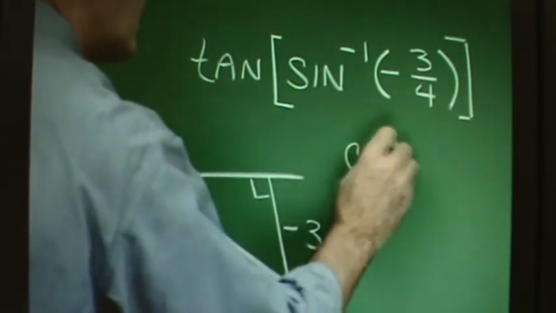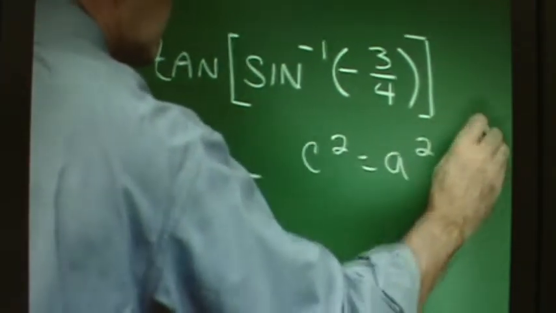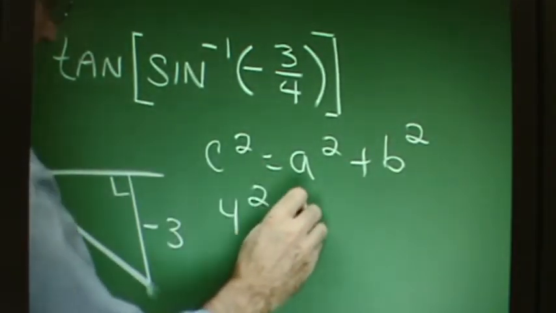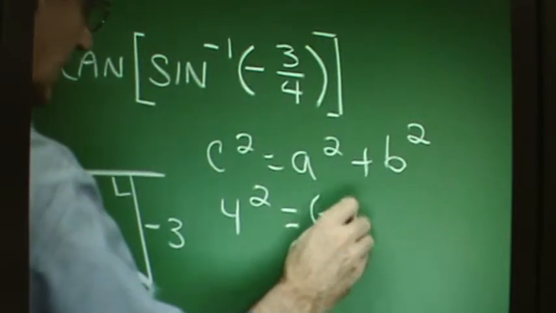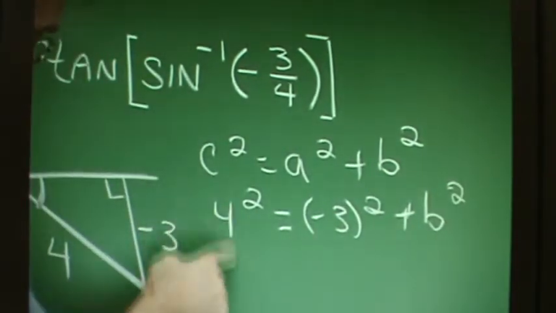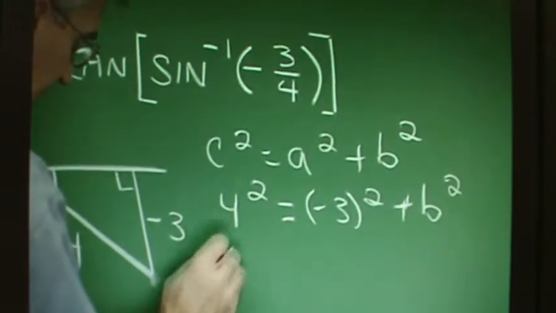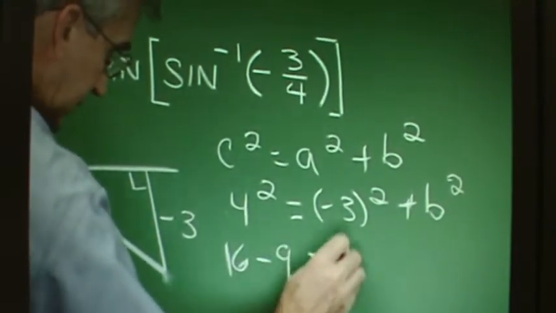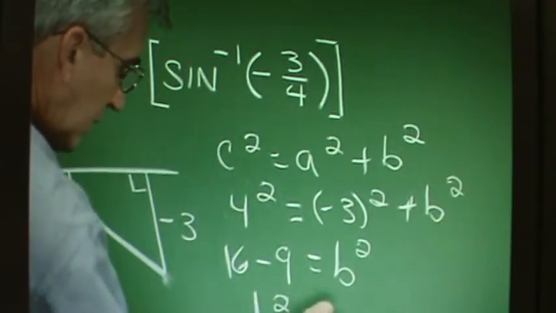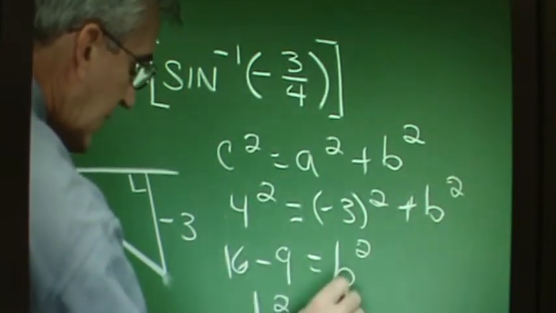We have c squared then is a squared plus b squared. The hypotenuse is 4, so this is 4 squared equals -3 squared plus b squared. This is 16, that's 9, so we have 16 minus 9 equals b squared. B squared then is equal to 16 minus 9 is 7.